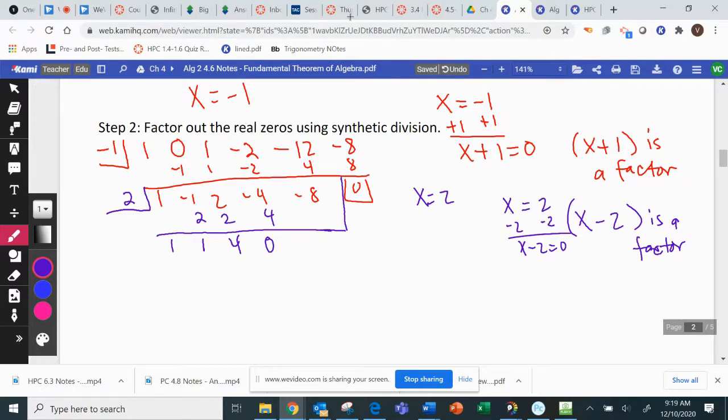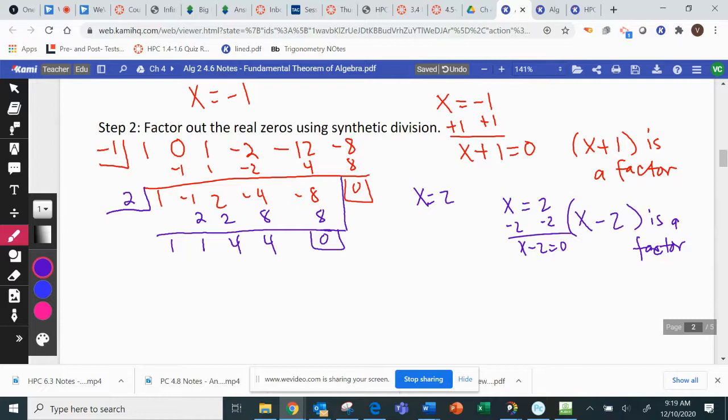Nope, I did something wrong. Oh, that's 8. Got it. I don't know why I couldn't see that. Okay, so I got 0 remainder, which is what I needed to have.